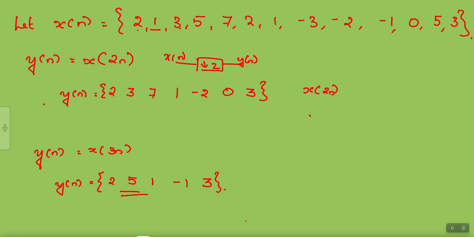So from this calculation of x of 2n, we see that every even indexed sample is retained, that is x of 0, x of 2, x of 4, x of 6, like that. Every even indexed sample is retained and all other samples are discarded.